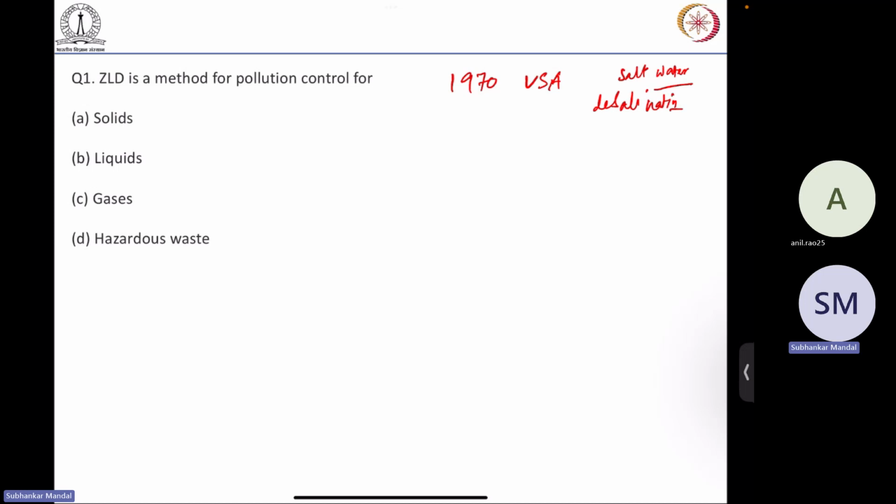What is called this ZLD method is nowadays widely used for environmental regulation on discharge of specific solids like salt or toxic elements like nitrate, nitrite, etc.